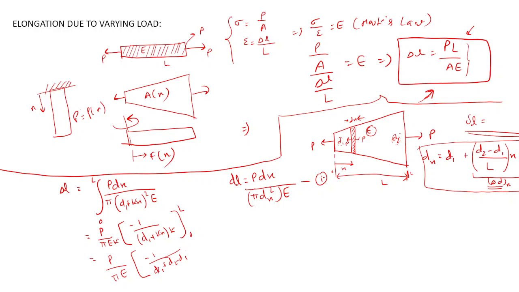So d1 will get cancelled, and minus 1 by d2 will come from here. Got it or not? So minus 1 by d2 will come from here, and when we put 0 here, directly it will come plus 1 by d1, right? I think I missed the k here.